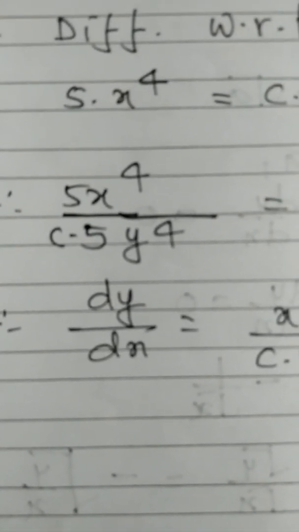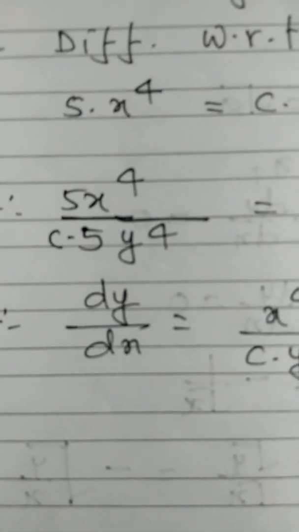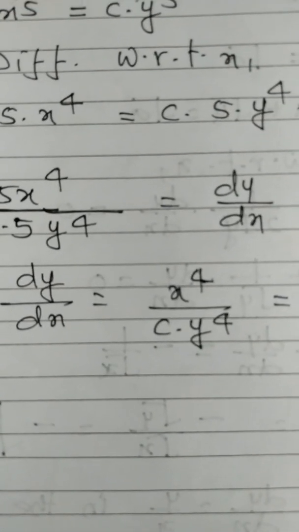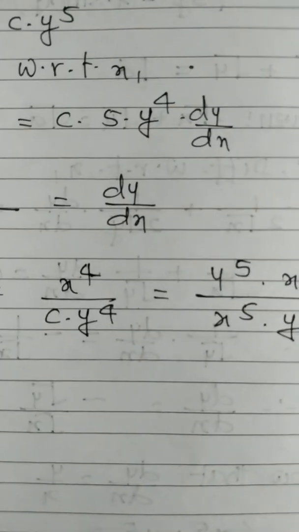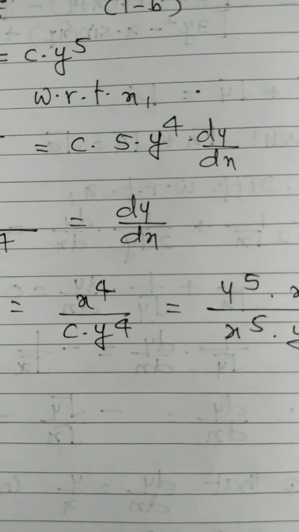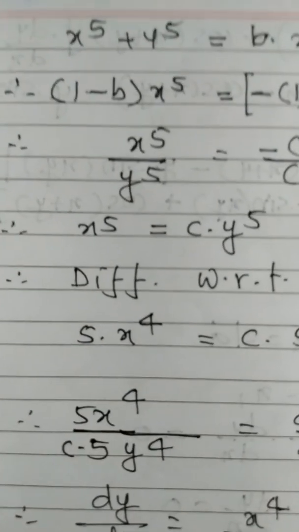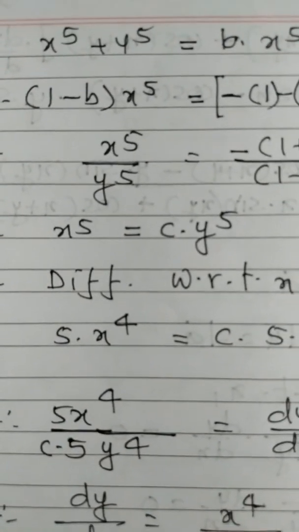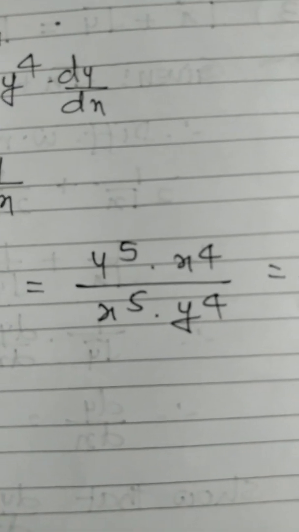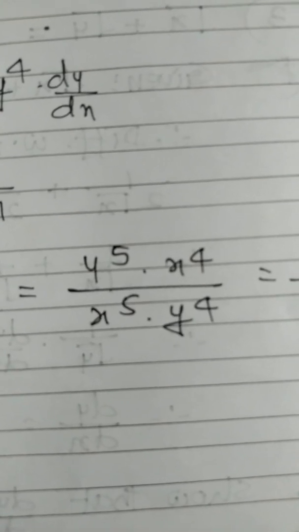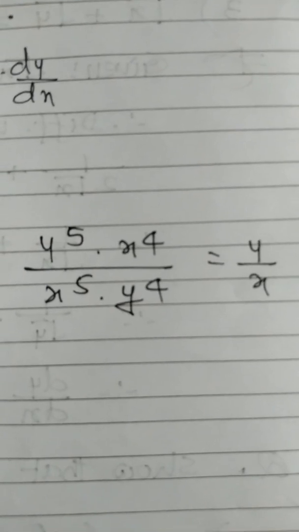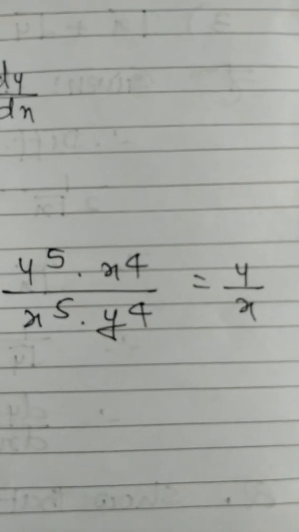The 5 cancels, so dy/dx is x^4 / (c y^4). Now put the value of c, which is x^5 / y^5, so 1/c is y^5 / x^5. Then x^4 and y^4 get cancelled, so the remainder is y/x.